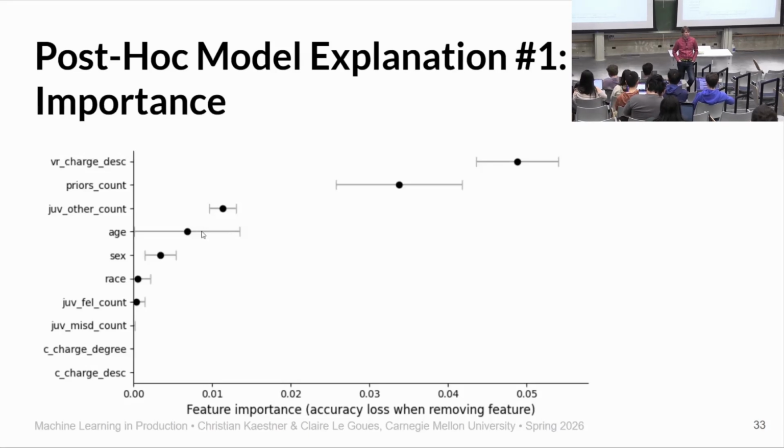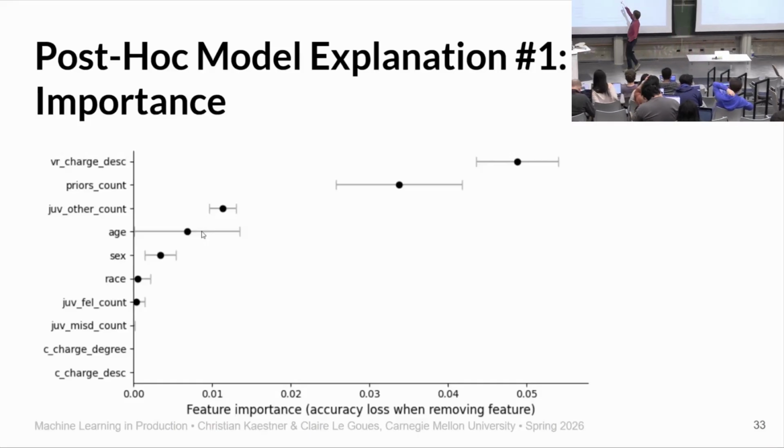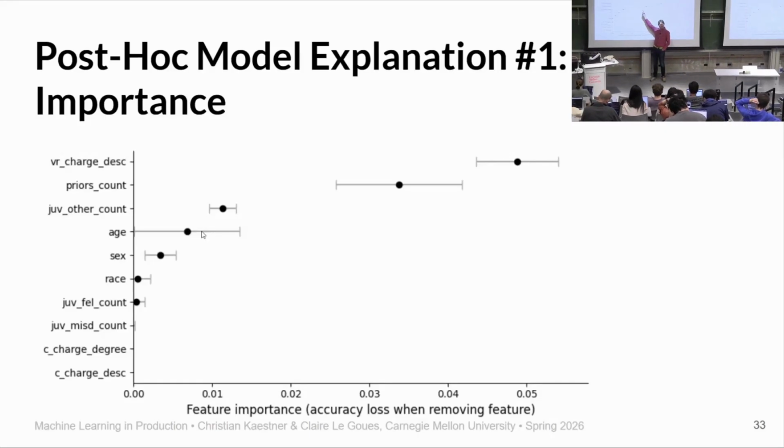So the way that this works is I take the model and I take my test data and evaluate accuracy, but before I do this, I take away one feature. So let's say I take away the number of prior convictions. I just take it out of the model or out of the test data, right?